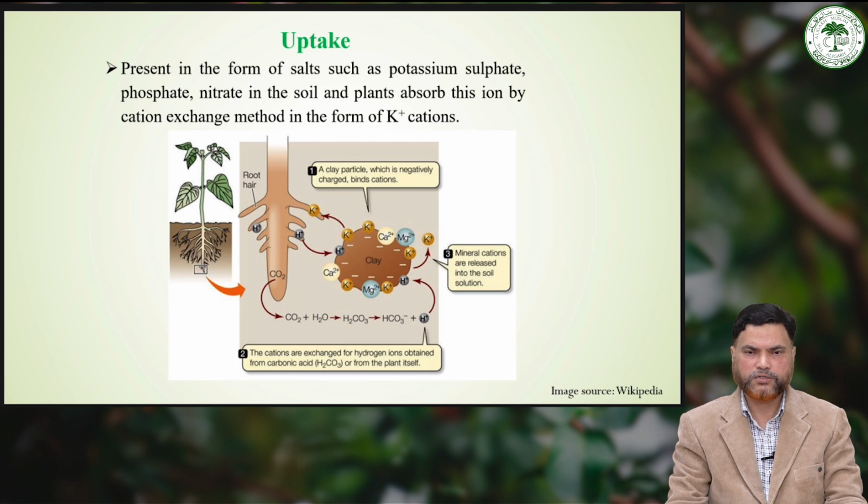In addition, uptake of potassium by roots mainly depends on the growth rate of the plant, and after older leaves attain their typical potassium ion concentration, any net flux of potassium into the roots solely fulfills the requirement for the new growth of both roots and shoots. How potassium ions are absorbed by the plant root is well depicted in this picture by the cation exchange mechanism.